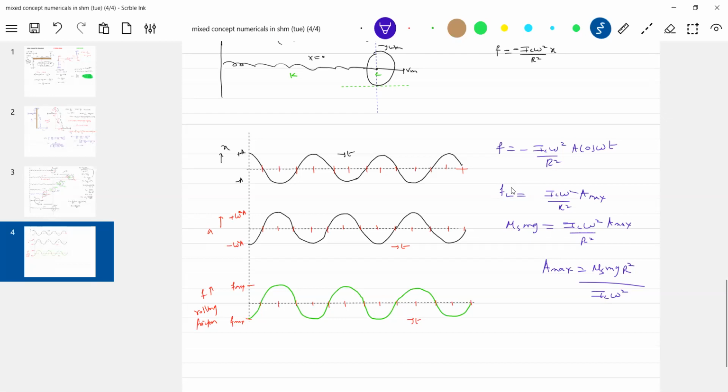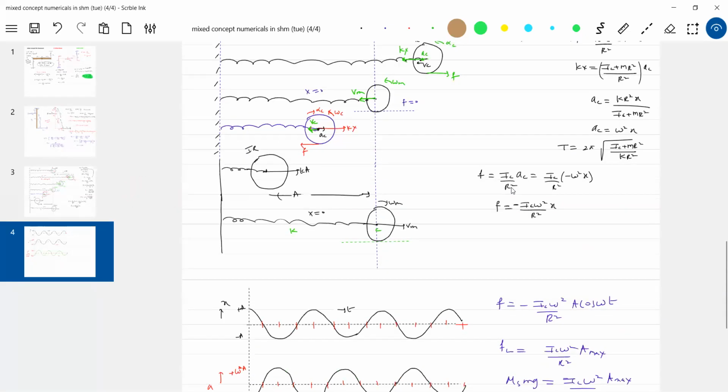So if the amplitude of oscillation is less than this, the friction will be less than limiting and there won't be slipping. If the amplitude is greater than this, slipping will occur. It will not be SHM; you can call it damped oscillations. What is omega?